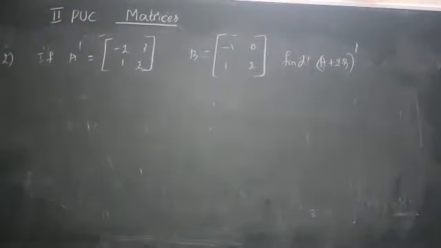It is given A transpose and B, so we have to find (A plus 2B) whole transpose.